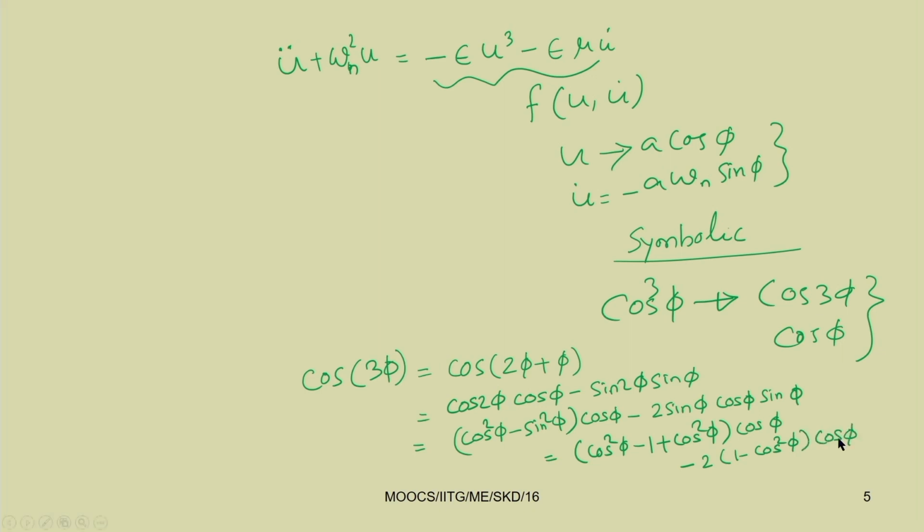This way you can derive it, and you see all the terms have been written in terms of cos. So, this is cos square phi plus cos square phi, which is 2 cos square phi into cos phi, so 2 cos cube phi.